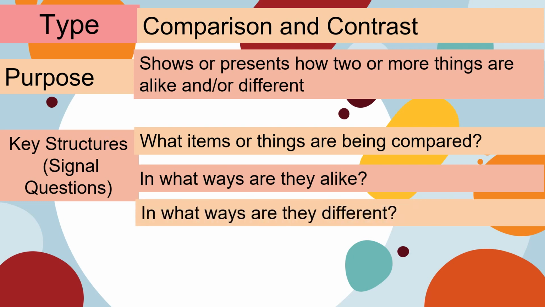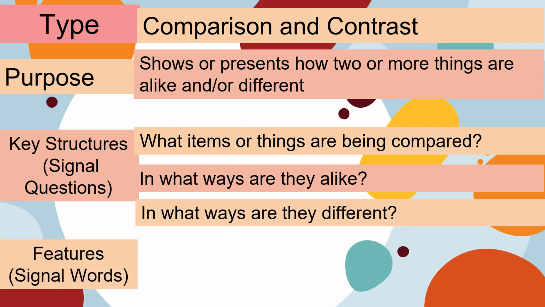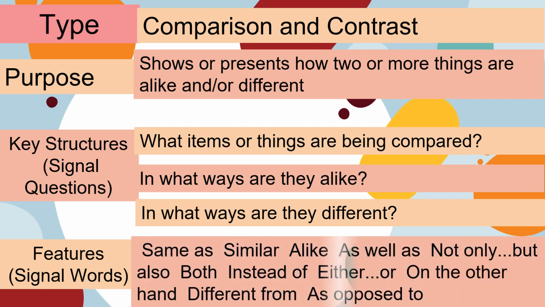In what ways are they different? And the features or the signal words: same as, similar, alike, as well as, not only, but also, both, instead of, either, or, on the other hand, different from, as opposed to.